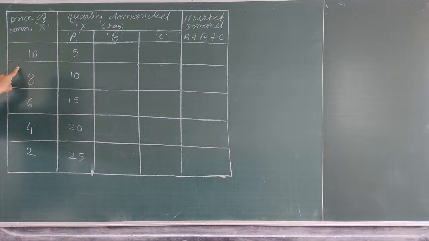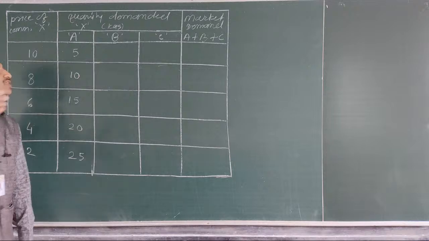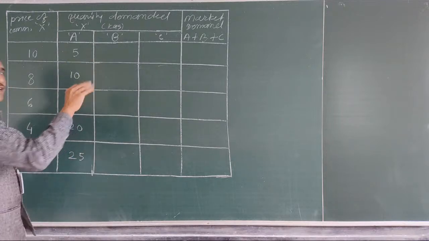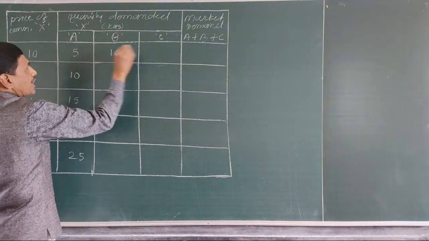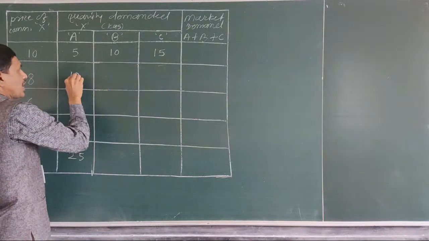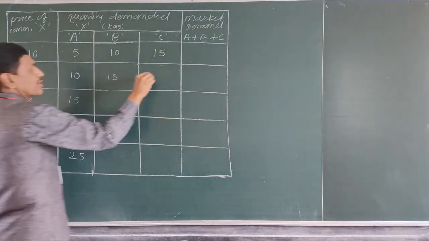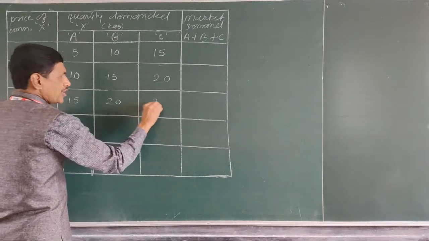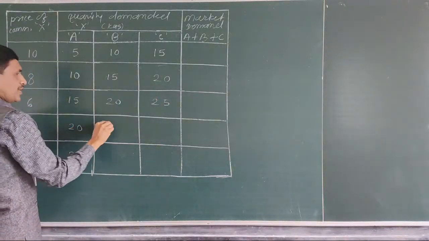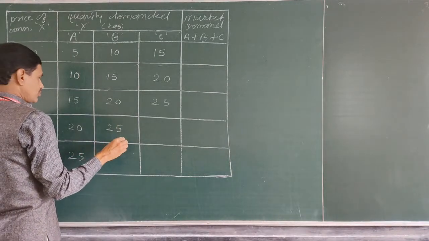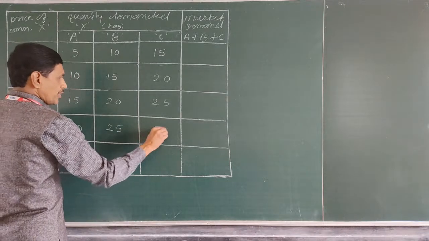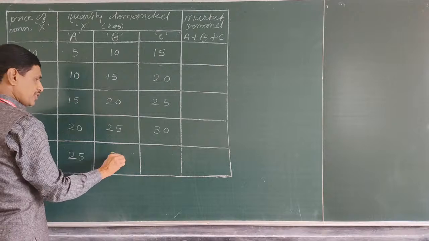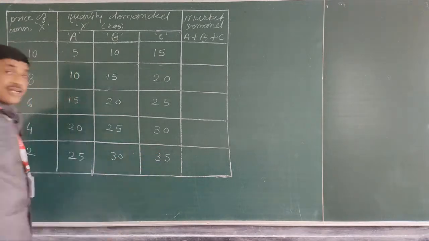When price falls, म्हणजे जेव्हा किंमत कमी होते तेव्हा consumer A ची डिमांड काय होते? इन्क्रीज होते: 5, 10, 15, 20, 25. ओके. मग त्यानंतर पुढे फक्त ऍडिशन करायचा: 5, 10, 15; 10, 15, 20; 15, 20, 25; 20, 25, 30; 25, 30 and 35.